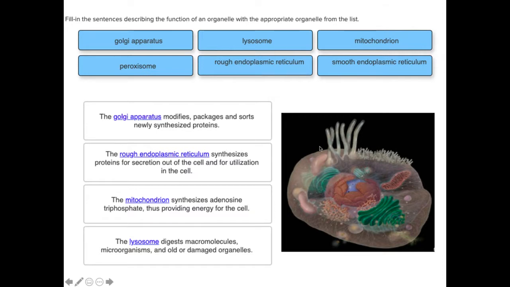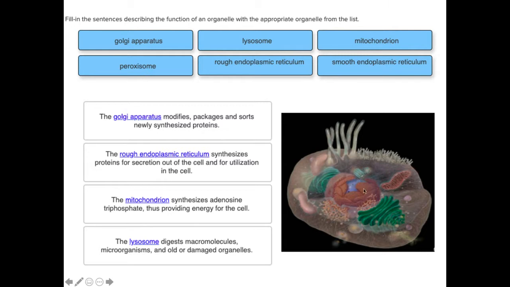So you have to know the different organelles that are inside of the cell, like the Golgi apparatus, the rough endoplasmic reticulum, the mitochondria, the lysosomes, not just the structures of identifying what they look like, but knowing what their functions are. After all, we're talking about anatomy and physiology, structure and function, whether it's macroscopic or microscopic.